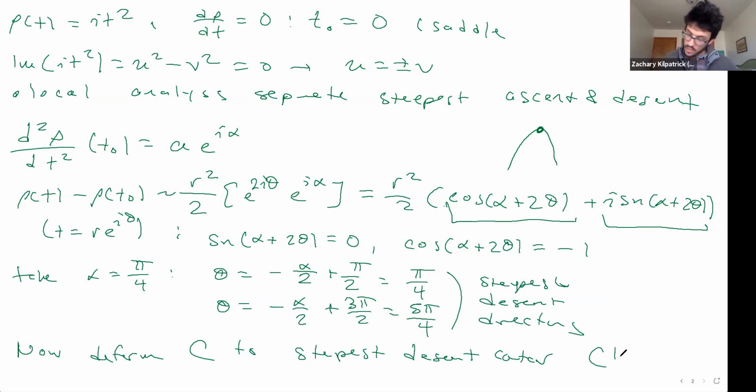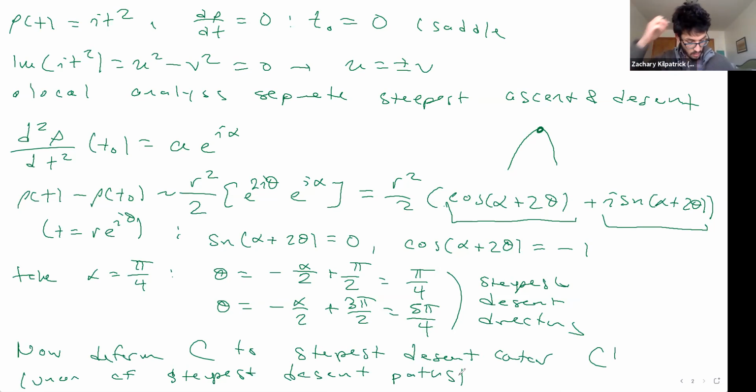Essentially the union of steepest descent paths, along which the imaginary part of rho is equal to the imaginary part of rho at t0, and then we also have this steep fall off in this case. All right, so we worked this out last time. I'm just ramping us back up and reviewing this.